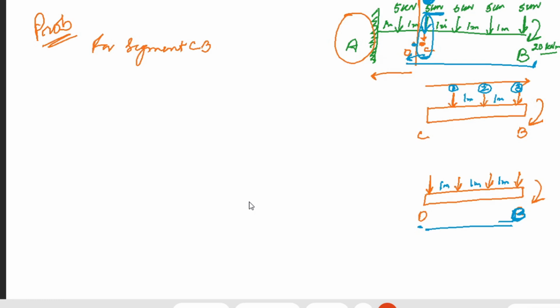Okay, now we have two segments here. I would like to check what happens actually at point C and at point D, which are almost at the same point.